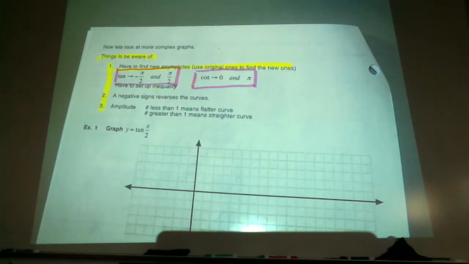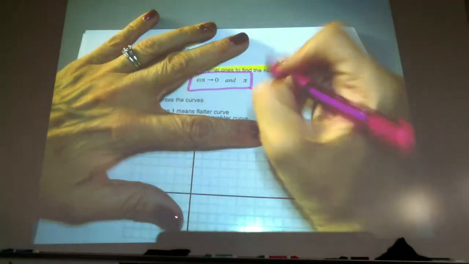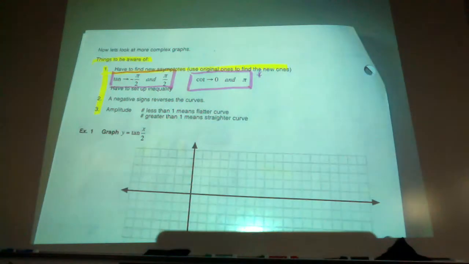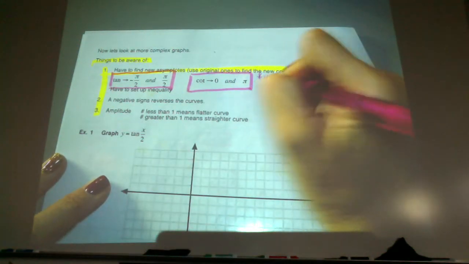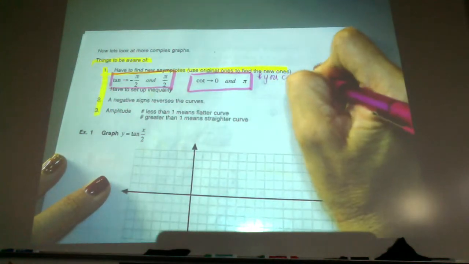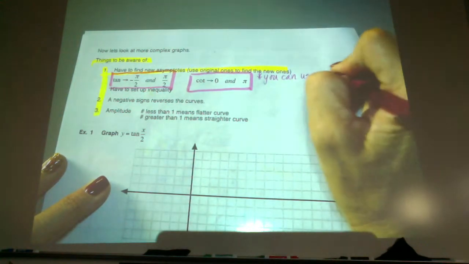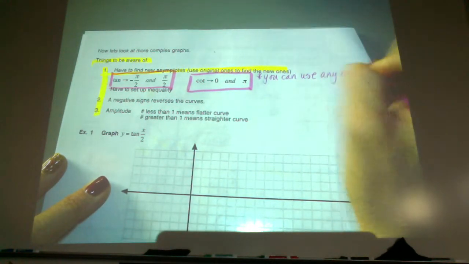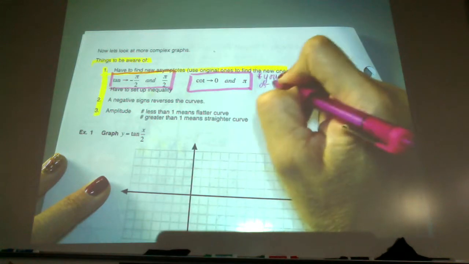So I would write yourself the following note. You're going to go, well, where did you get those? I got them off the unit circle. You can use any one of the asymptotes.